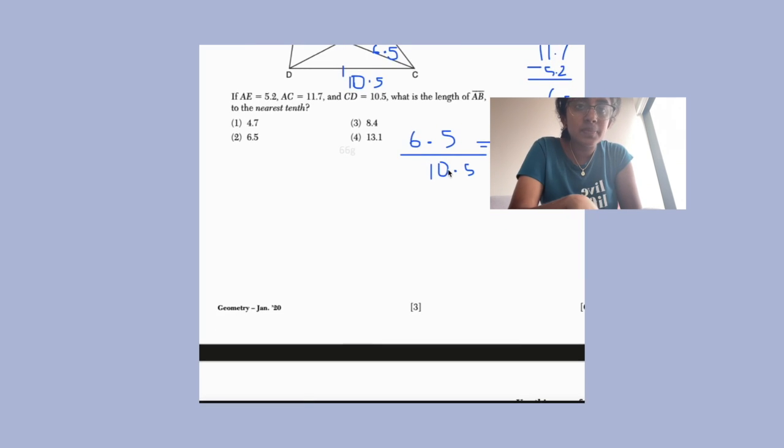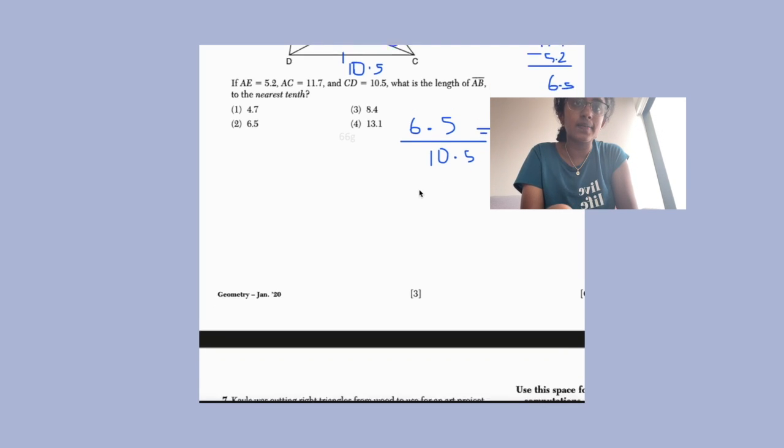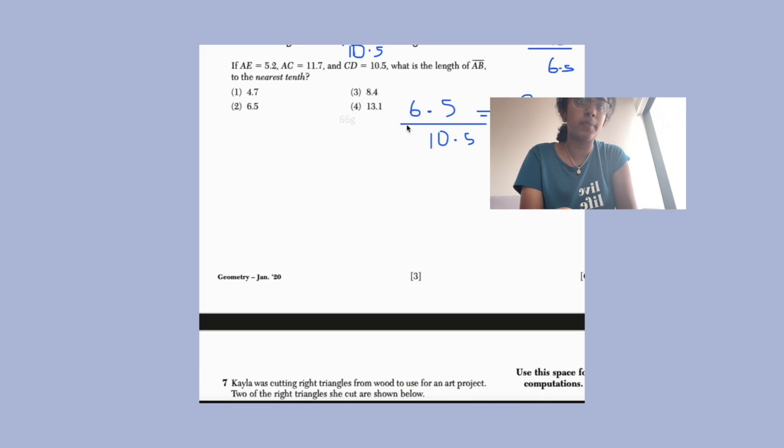We can do a very simple thing here. If x is on the bottom side, what we have to do is cross multiply. I know it's not a song, it's just a rhyme, but definitely use that instead of trying to multiply both sides by x and do all of that.